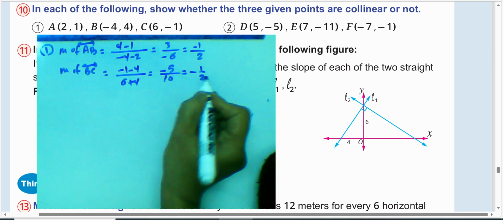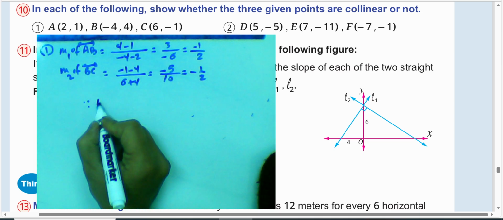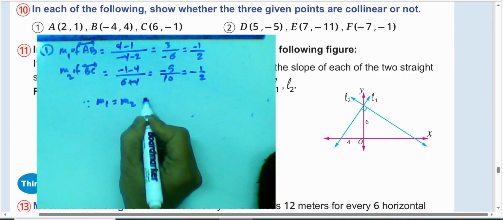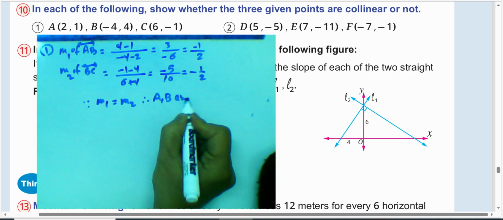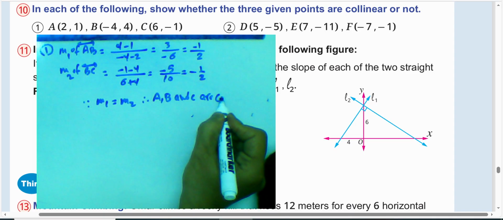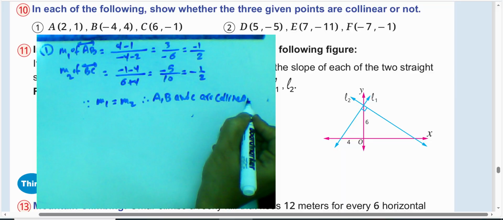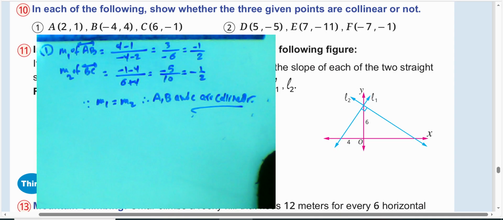The result will be negative 1 over 2. Since slope 1 is equivalent to slope 2, then A, B, and C are collinear.